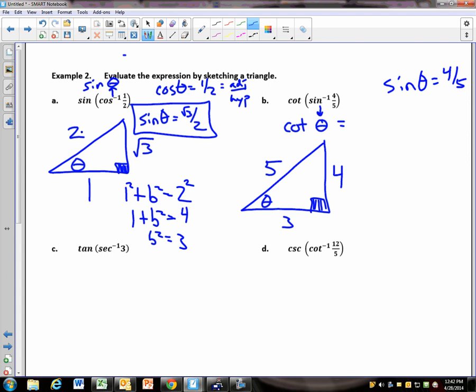So all we need to do is identify cotangent of theta in order to solve the problem. What is cotangent as a ratio? Cosine over sine, or adjacent over opposite. Adjacent over opposite is 3/4.